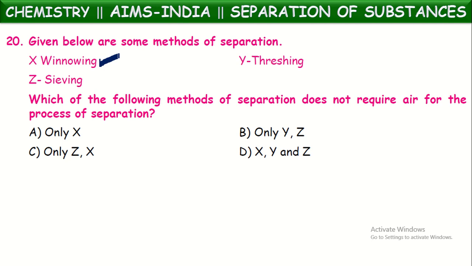But in threshing and sieving, they won't take the help of air, isn't it? So what they're asking here, which does not require air. What are those two? Y and Z do not require air for that separation of components. Only in the winnowing process, air is needed.